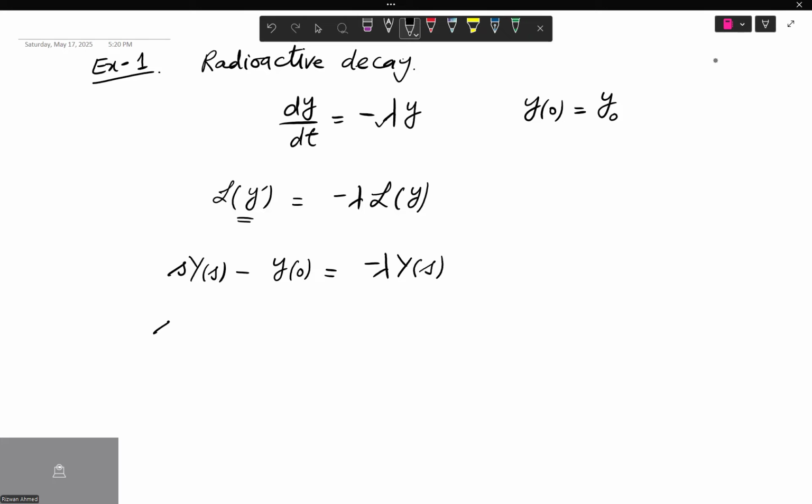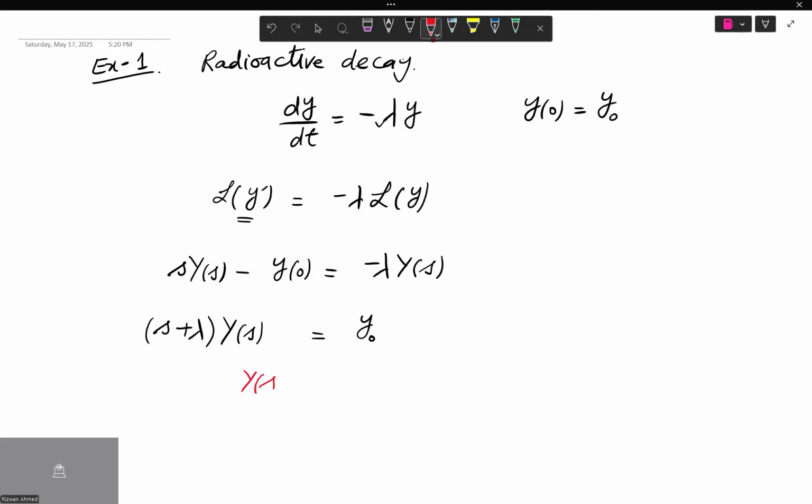So this will be s times Y of s minus y of 0, the initial condition, and it is minus lambda times the Laplace transform of y. So we have s plus lambda times the Laplace transform, and it is equal to the initial condition. So I have made some arrangement of the equation.